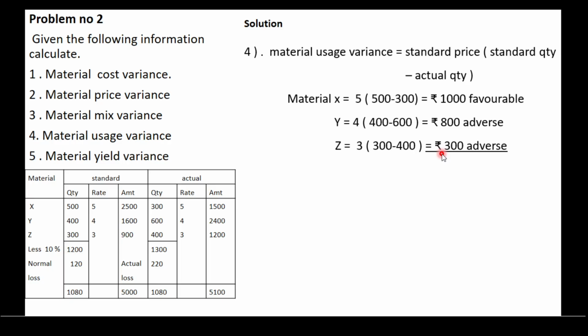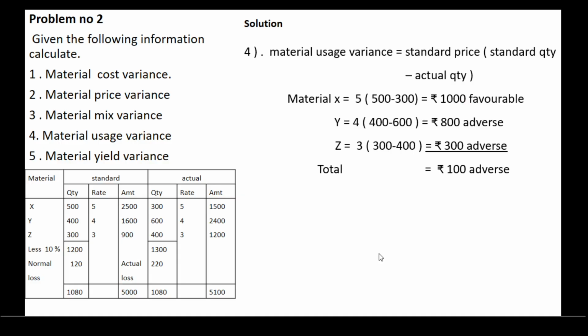So now we take the total material usage variance, that is rupees 100 adverse, because the total of the adverse is more than the favorable amount. The adverse is 800 plus 300, 1100, minus the favorable amount 1000. So now the total is rupees 100 adverse.